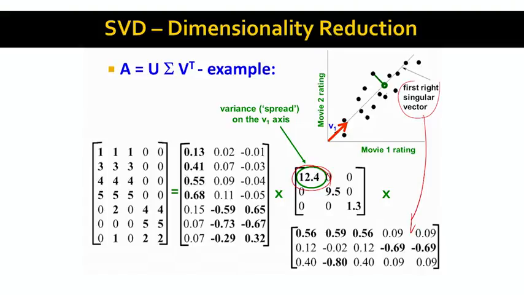So in our two-dimensional case here, the values are really spread around the first singular vector, they are spread a bit around the second singular vector, a bit less, and they are not really spread around the third singular vector.